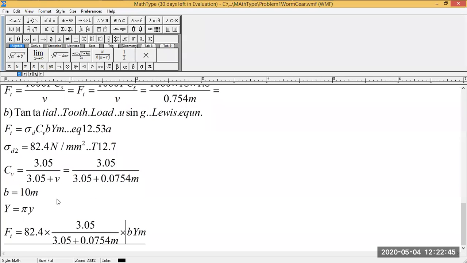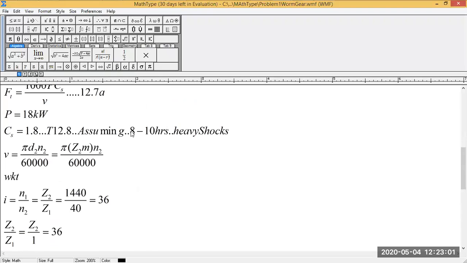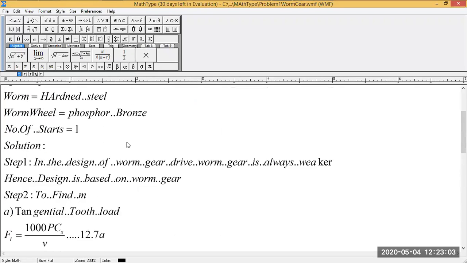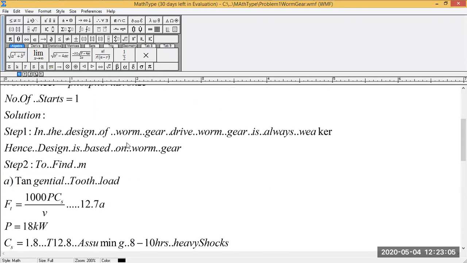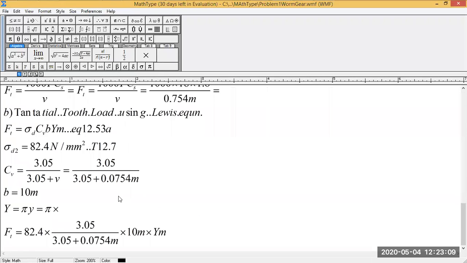I have assumed 10m into y. y is y into y. I think this needs to be calculated. This is y into y. y is here nothing but y2. y2 also I think is yet to be found.